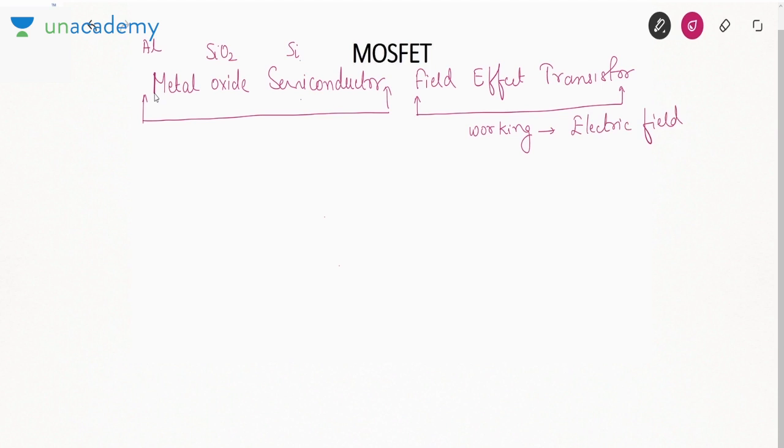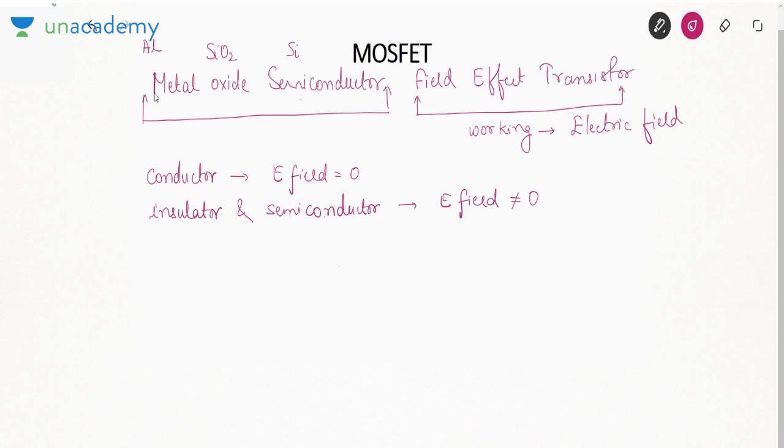Now inside a conductor, electric field is 0. So electric field can only exist in insulator and semiconductor. Insulator and semiconductor are two materials which support electric field, but a conductor has 0 electric field. Now we want to generate electric field.